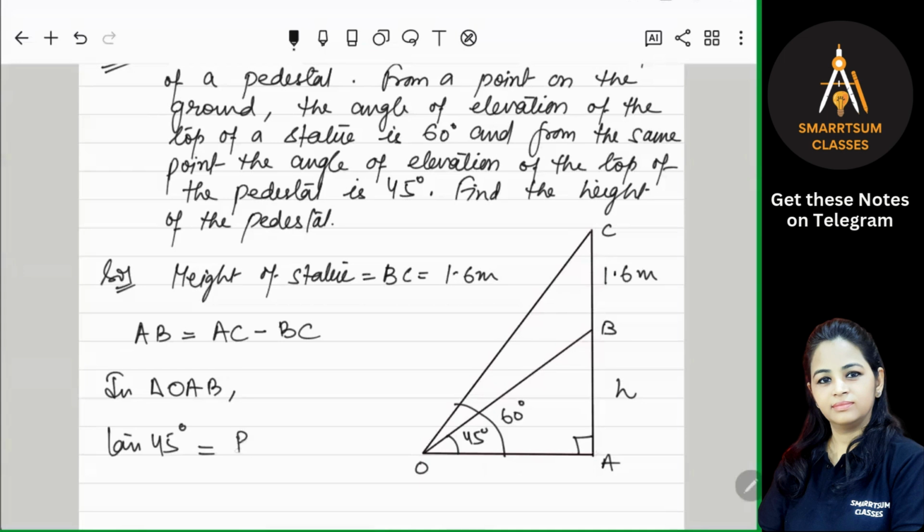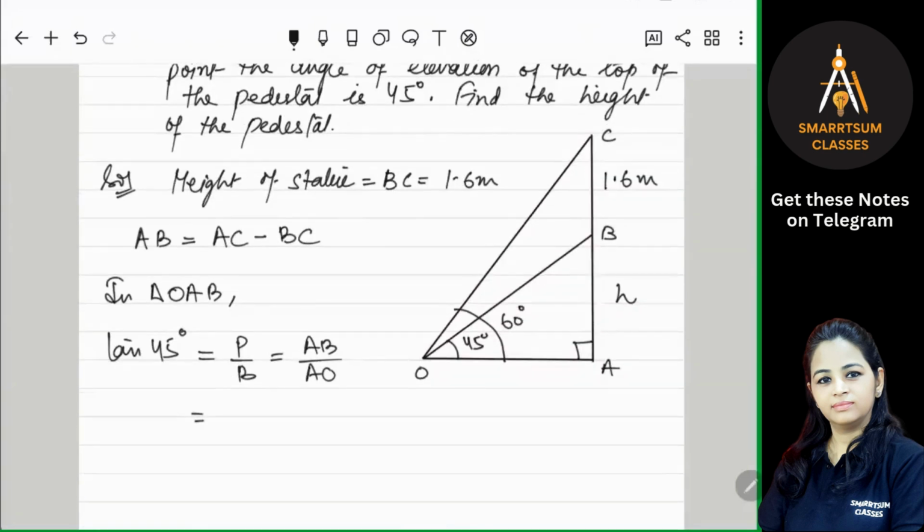Perpendicular is AB and base is AO, so AB upon AO, getting that? Tan 45 degree value is 1. Tan 45 is 1, and this is equal to AB upon AO. So from this, we can say that AB is equal to AO.